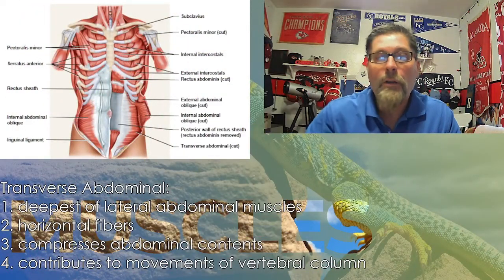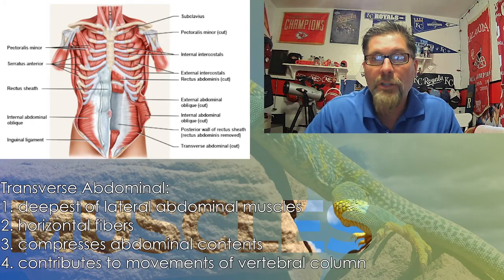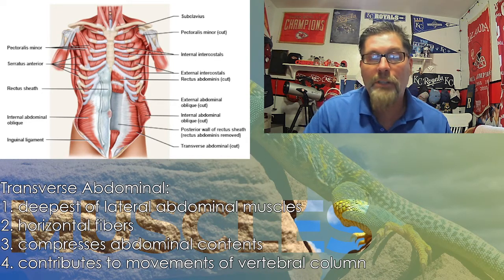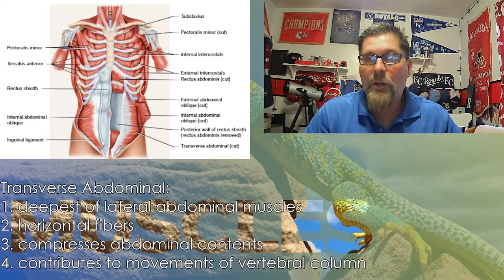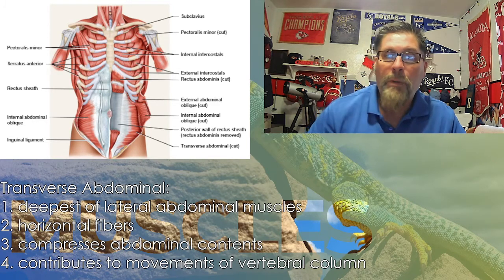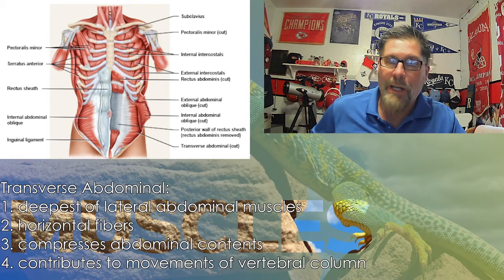The third layer, the transverse, you can see the transverse on the diagram. The internal and external have been kind of pulled back, and the transverse is that next layer that's got a lot of cartilage attached to it or connective tissue to kind of anchor it down. But that's the one that leans more over to the sides.